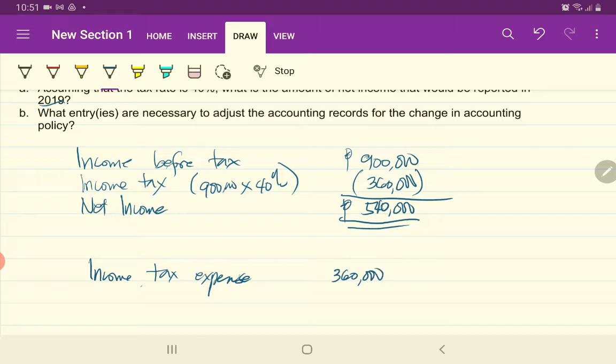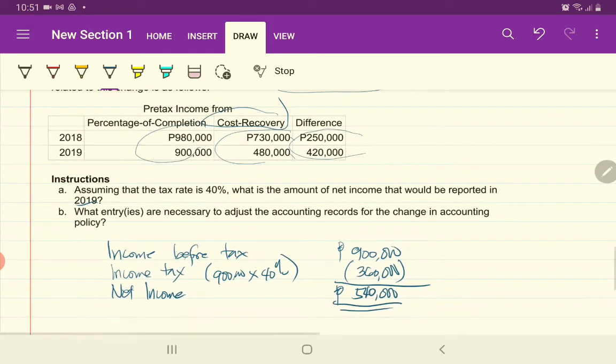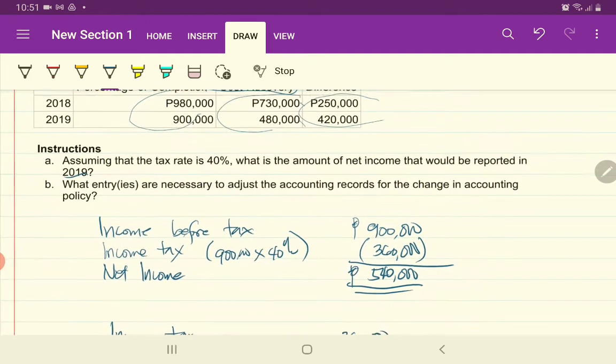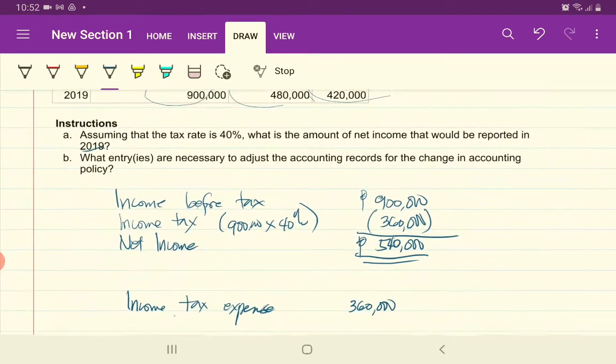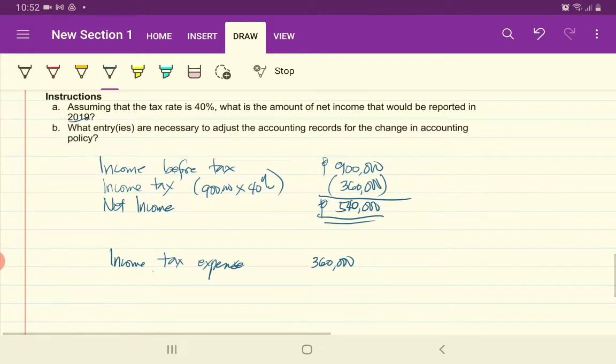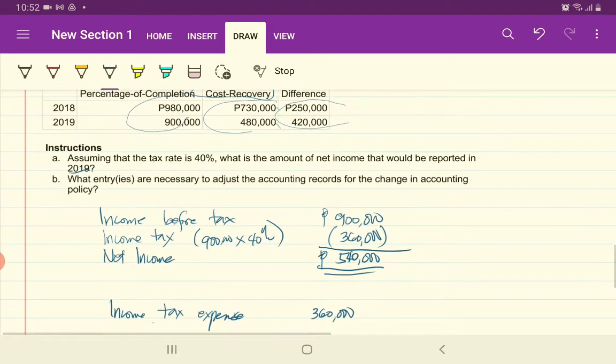Then, credit din ta og tanaw na to, mas dako man ang atong accounting income versus sa ato ang tax. Okay. So, na siya difference sa 420,000.